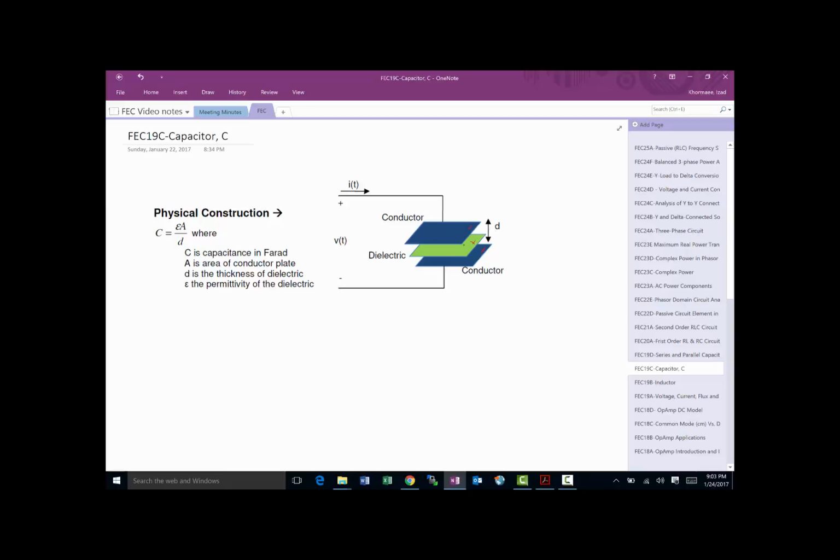So that's basically the construction of capacitors. Of course, there are many different kinds that can be implemented. Some capacitors actually have liquid inside them, but fundamentally they are two conductive materials that are separated by another one.